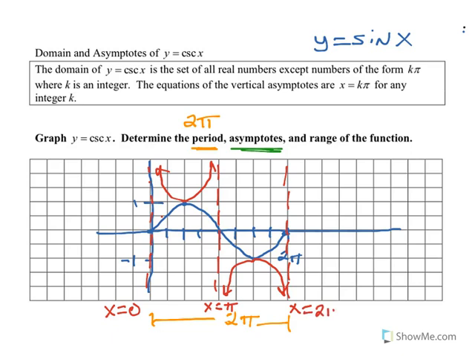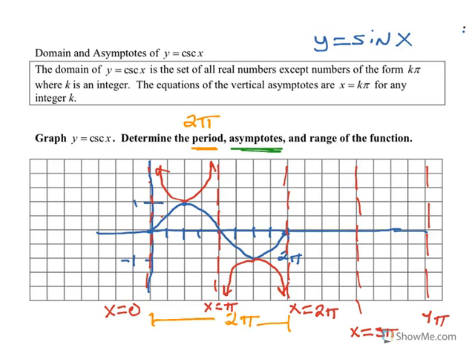So if we keep the pattern going, they're basically reoccurring every value of pi. So the next one would be 4 more boxes. And that's going to be at 3 pi. And if we kept going, the next one's going to be at 4 pi. And then those are going to go on forever in both directions.